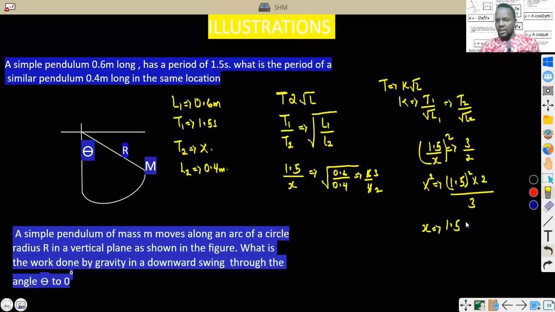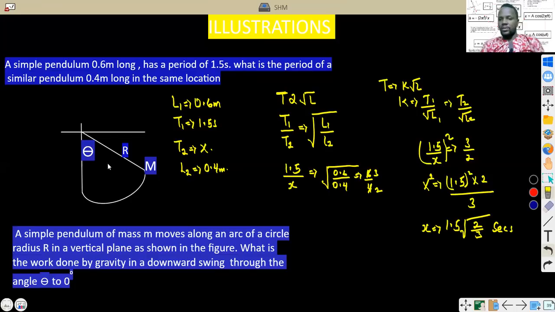So x is 1.5 times the square root of 2 over 3, which is the way the examiner will leave the option. I'm sure about that, and that's why I'm doing it this way. What we calculated is in seconds, because we are talking about time. Be careful, because this is a question where a calculator is not required. I've only used my knowledge of mathematics to conclude.